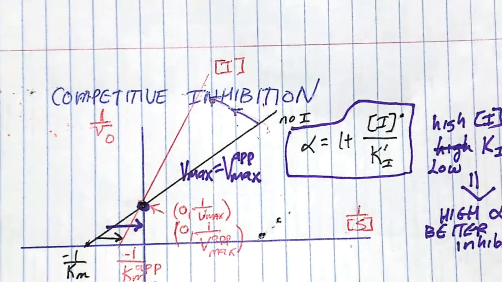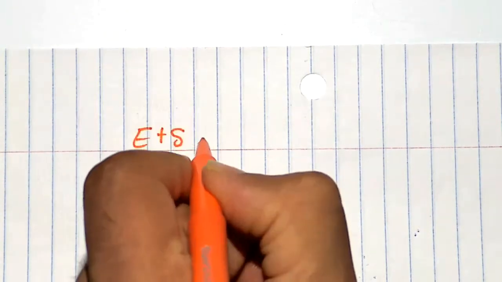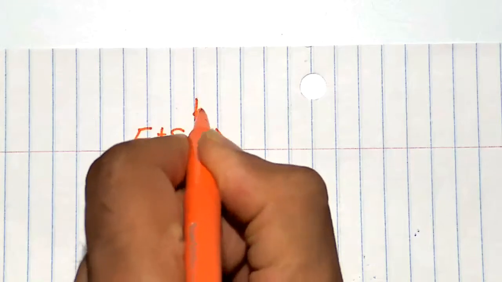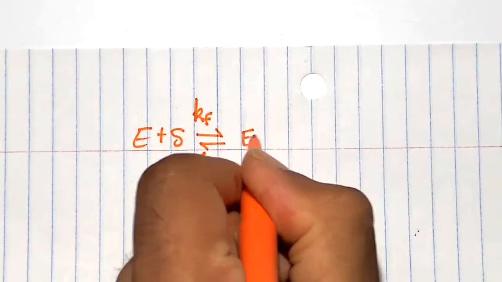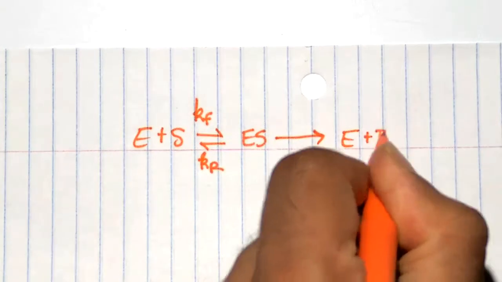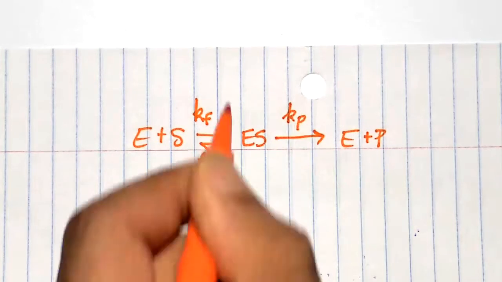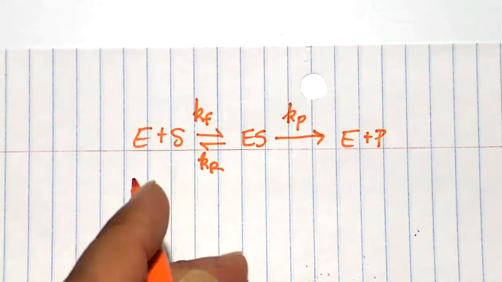All right, our next type of inhibitor is known as the uncompetitive inhibitor. And the uncompetitive inhibitor, as we go back to our Michaelis-Menten situation, Kf, Kr, this goes to the enzyme substrate complex, which breaks down to E plus P. Okay. The uncompetitive inhibitor really does not compete for the enzyme's active site.